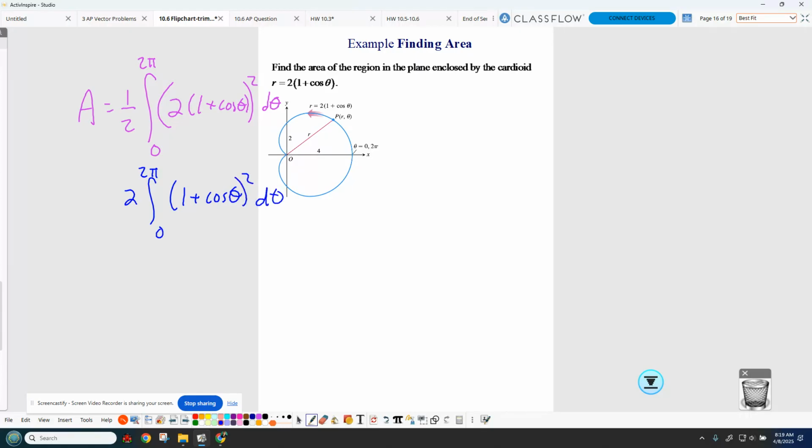Calculator, try it on the calculator. You can be adventurous and do it by hand, it's not worth it.